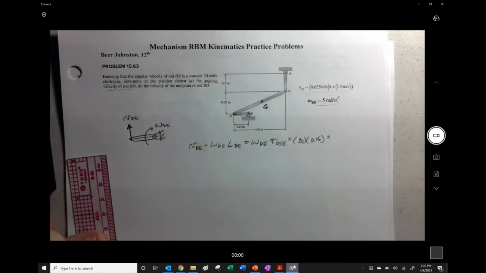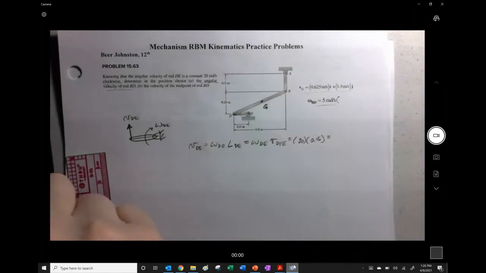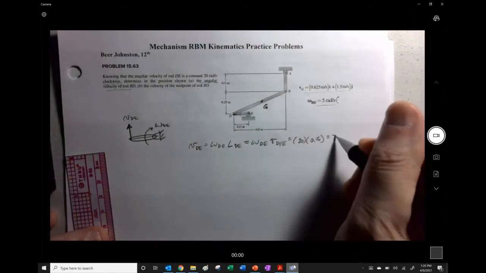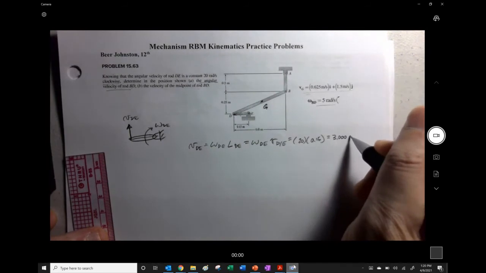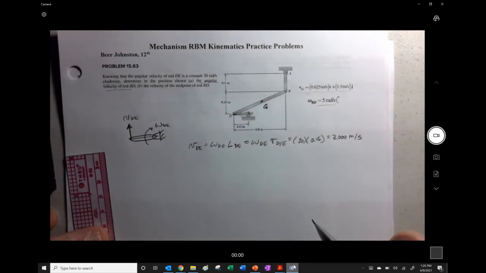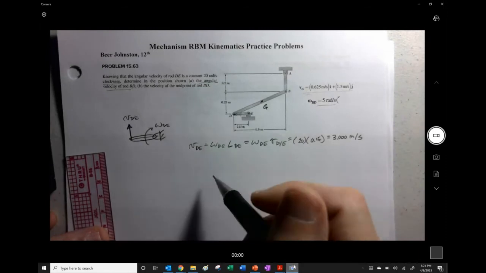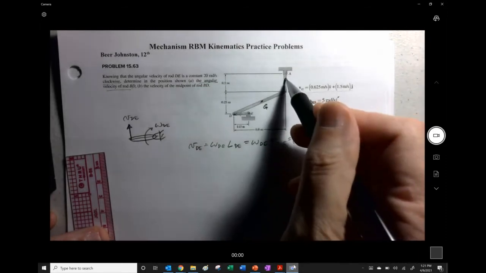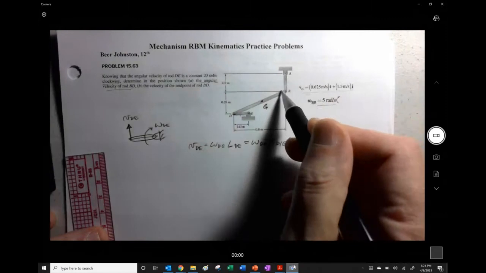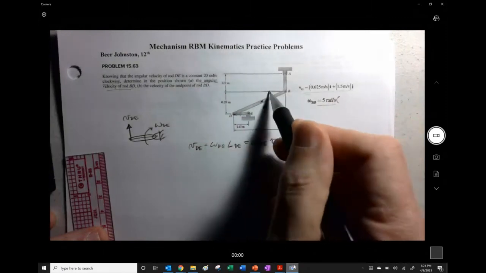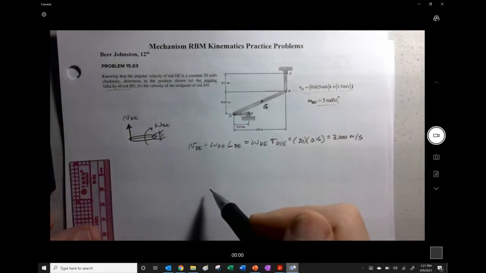And somebody should be able to do that in their heads, but me, I had to type it on my calculator. And 3 meters per second, and it's going upwards. We could also see from here that this is going to be horizontal as part of that.